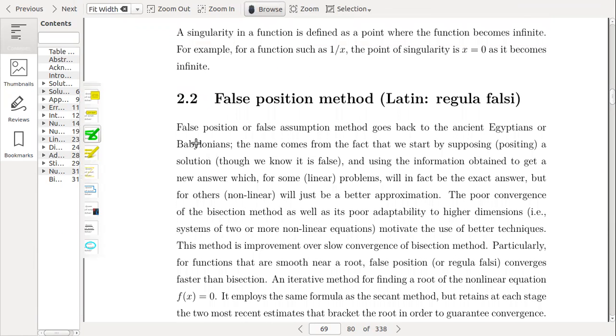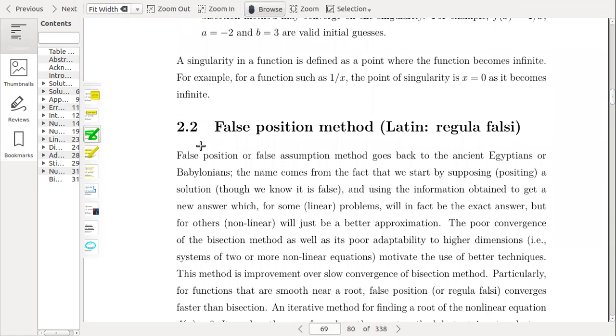So what is in this first paragraph? We have seen that the false position method can also be called the false assumption method, and in Latin we call it Regula Falsi method. This is the oldest method, used by the Egyptians and Babylonians. Why do we call it false position?